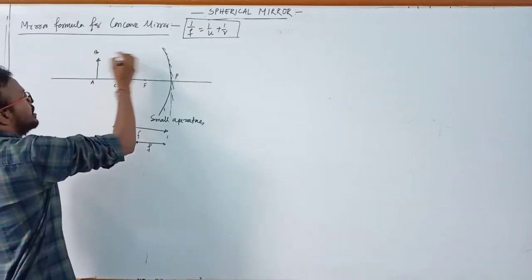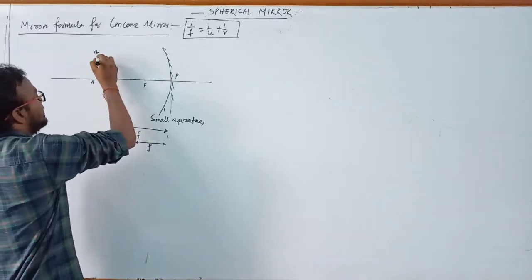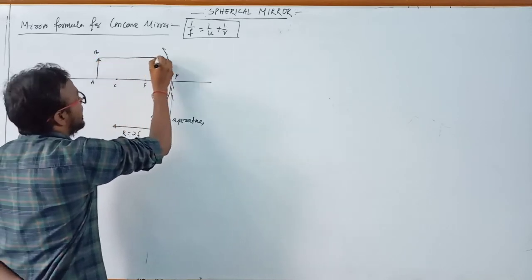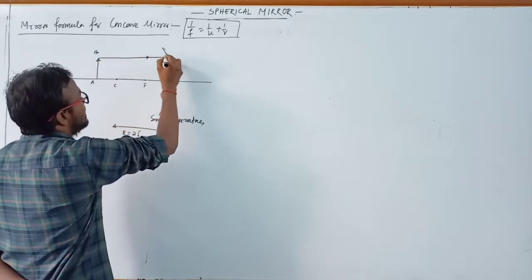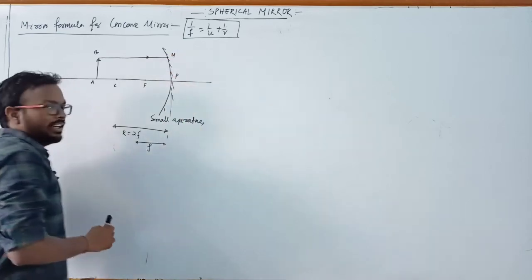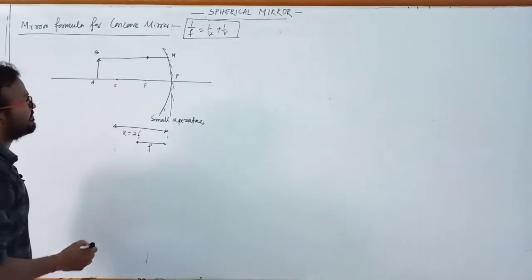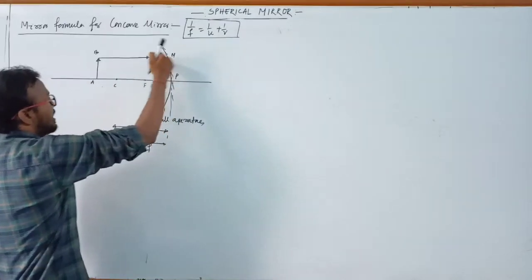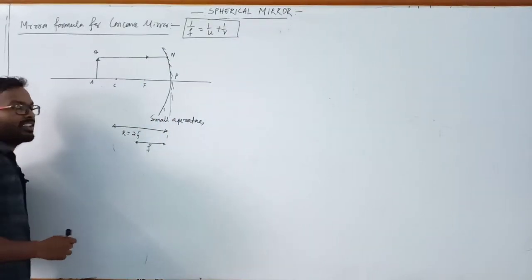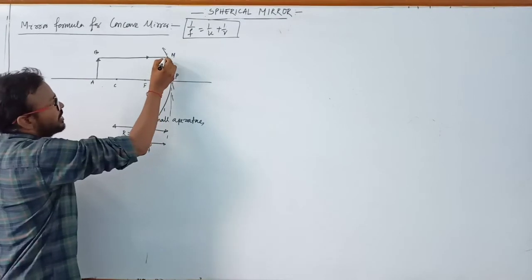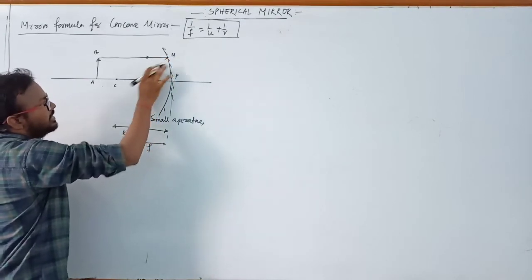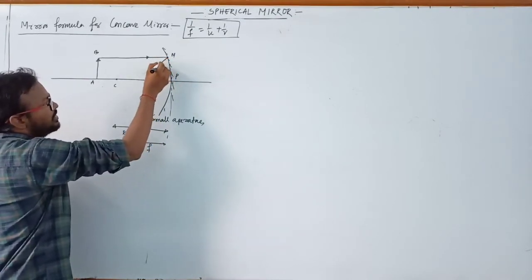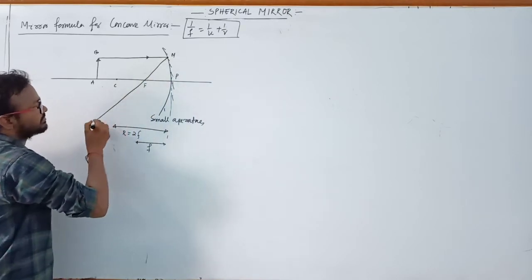If we draw the ray diagram of this object, the ray coming from point B strikes at point M. After striking at point M, it reflects back, because we draw a normal which passes through the center of curvature, and the angle of incidence equals the angle of reflection. This ray passes through this point and the focus point.